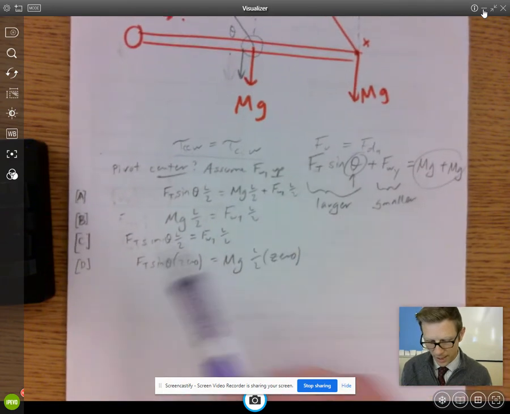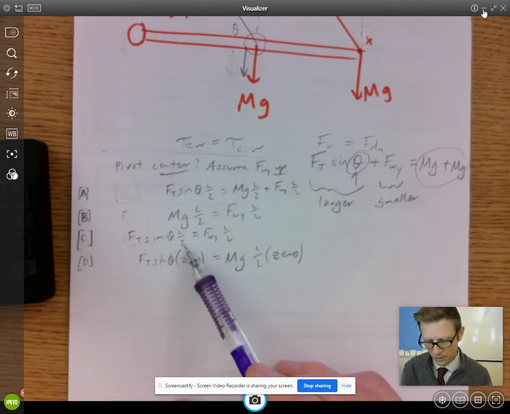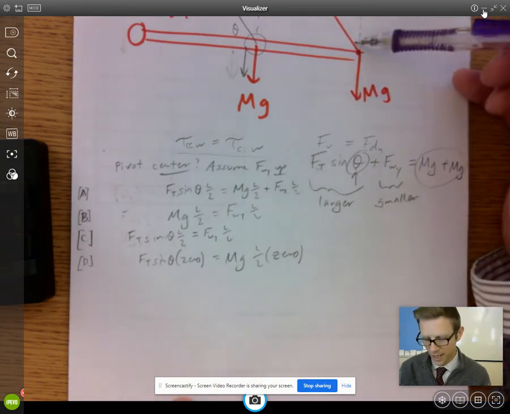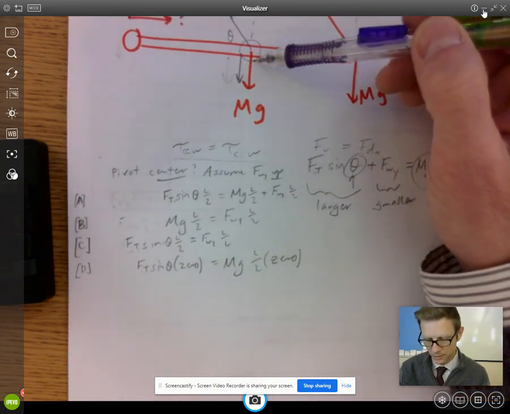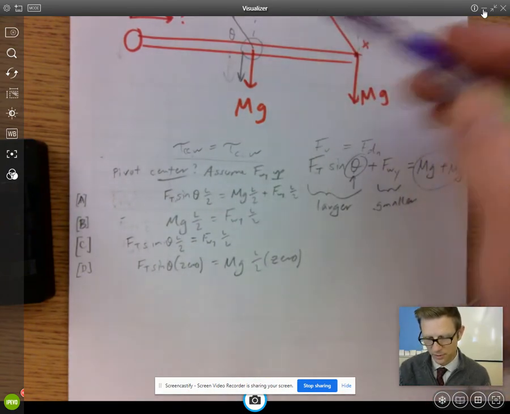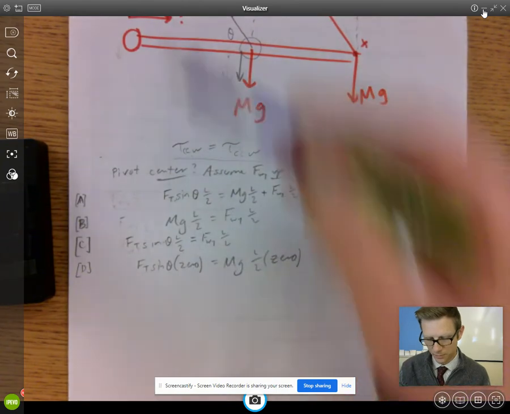And then here we have tension times sine of the angle. This, I believe, is where they say keep this cable there, but slide the weight to the middle. And then that ends up being countered by this upward force, which seems like it would be substantial.